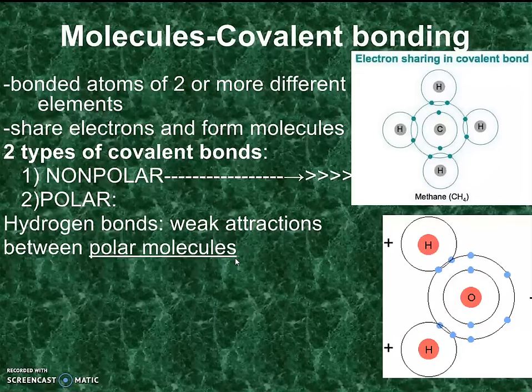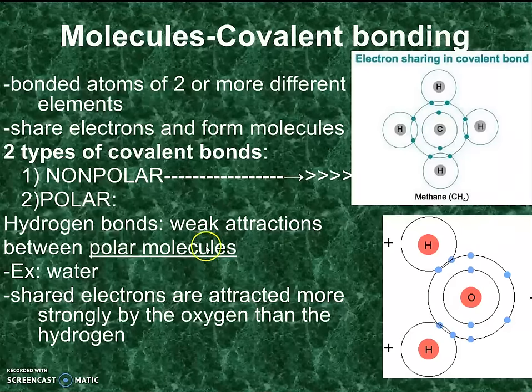In polar covalent bonds, we have hydrogen bonds over here in water, for example, having very weak attractions. And the oxygen has a greater affinity or desire for electrons than hydrogen. Hydrogen still wants electrons, but it's just not as strong as oxygen.